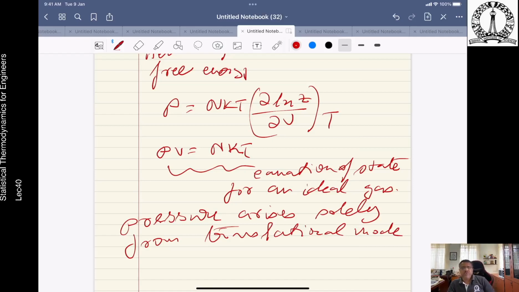Okay, so on the basis of this, we can then write that the partition function for each internal energy mode must depend solely on temperature. Okay, so then similarly we can write it for entropy, we can write it for the other types of properties as well.